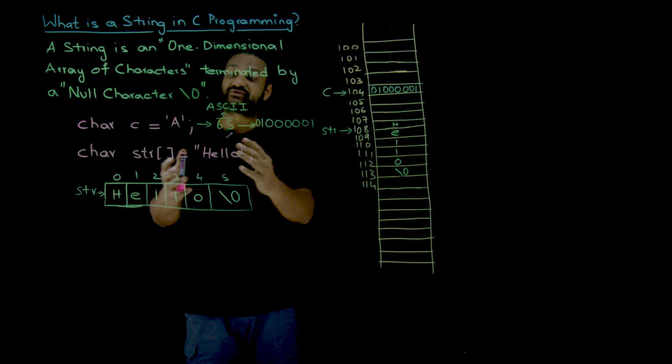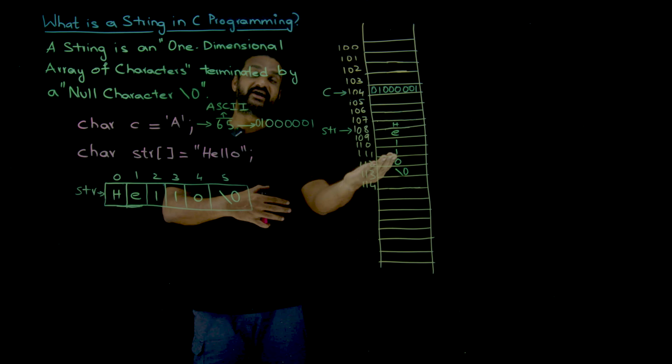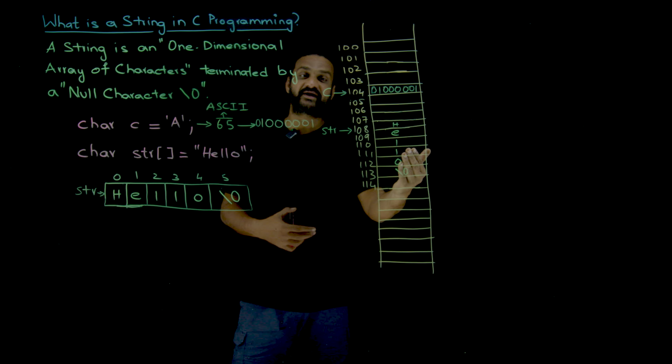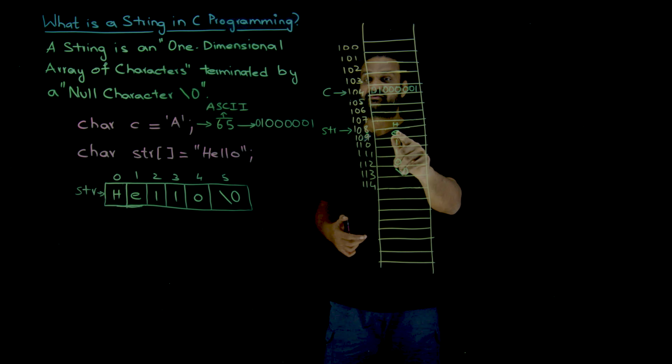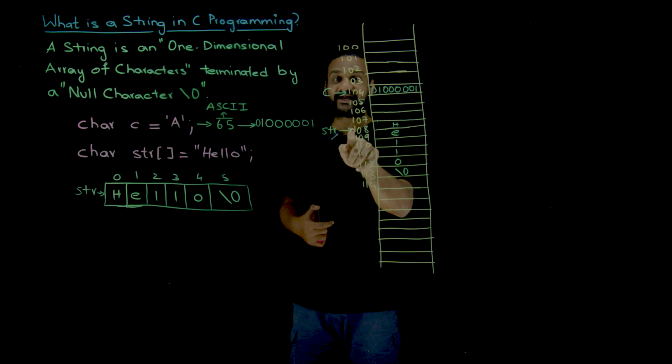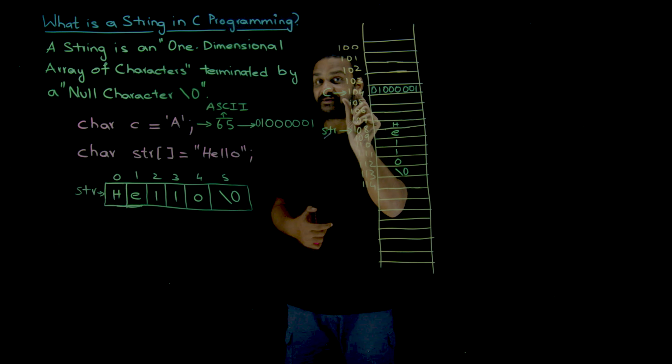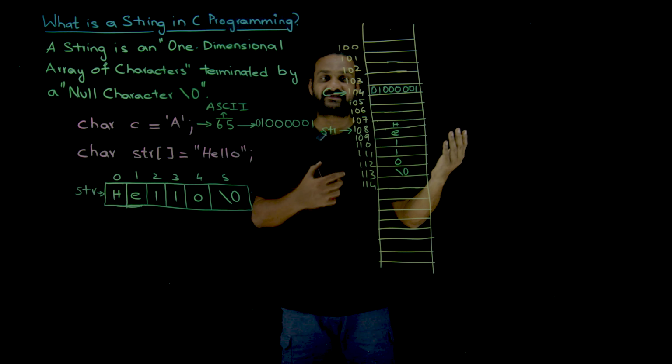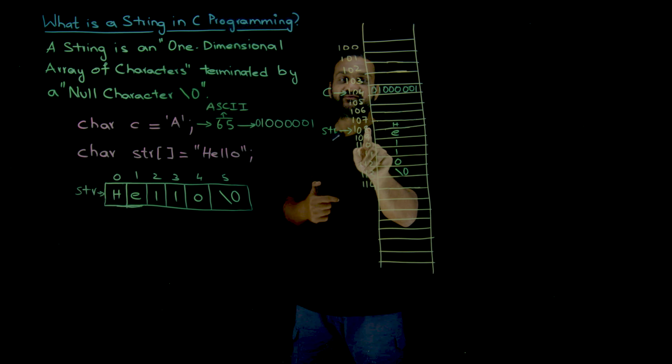And how will this get stored in memory? The visualization is like this. Let's assume that 108 is the starting memory location for this str. It is an array name, which means it is a mnemonic. We'll go back to that in our later classes. So here it starts from 108, and how many spaces will get allocated? 6 spaces will get allocated.